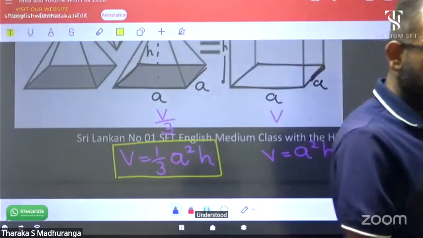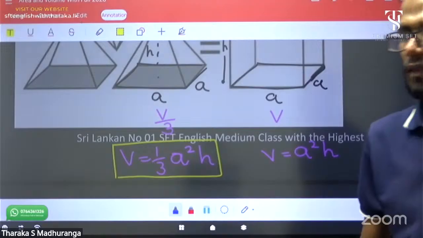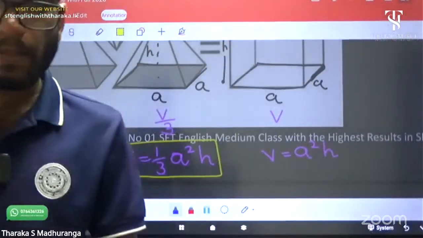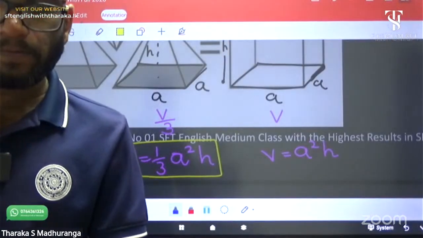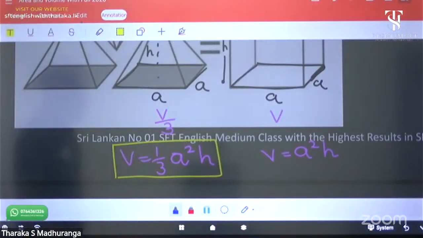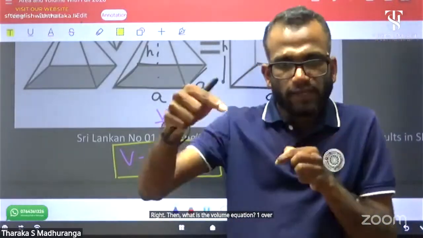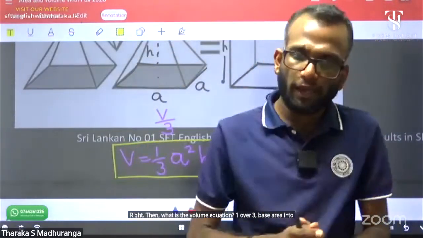Understood so far? Right. Then what is the pyramid volume equation? 1 over 3 base area into perpendicular height.